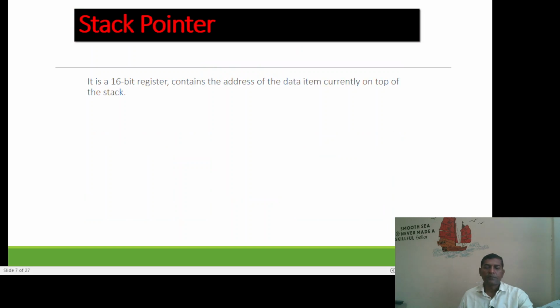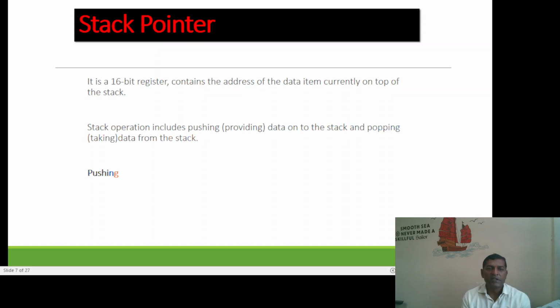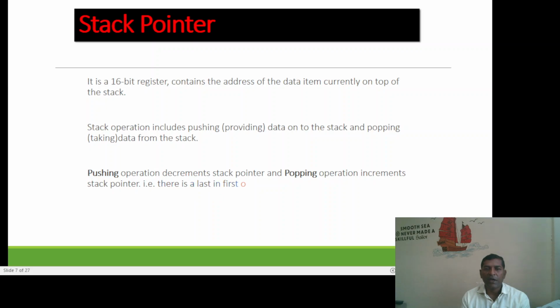Then stack pointer. The stack pointer is a 16-bit register. It contains the address of the data currently on top of the stack. Since the stack is a data structure, it will work as a last in, first out method.